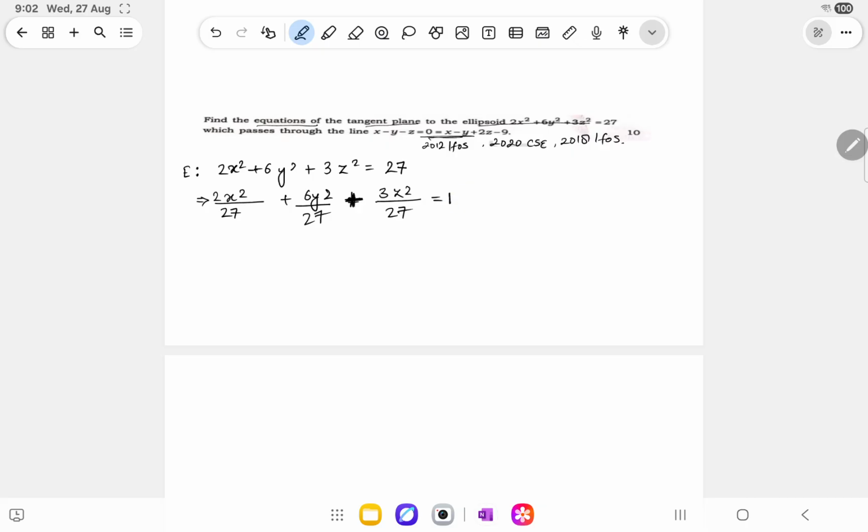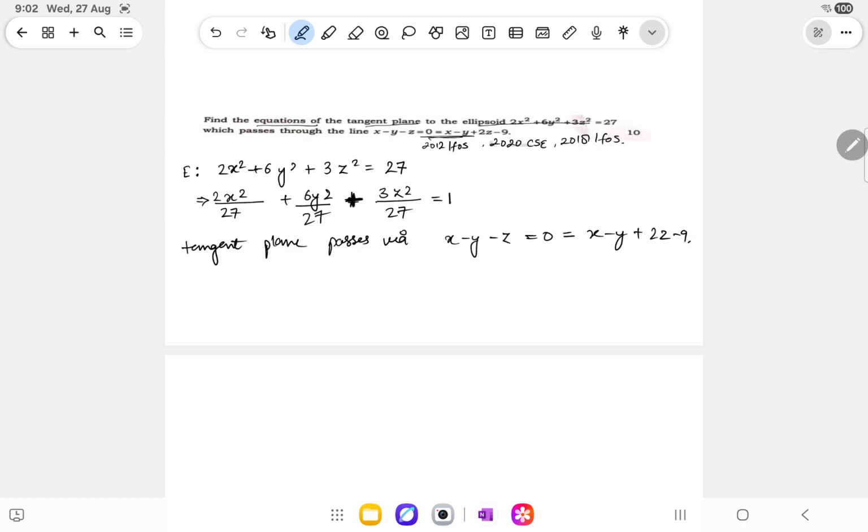And the question says that my tangent plane passes via the given lines, that are basically x minus y minus z is equal to 0, which is equal to x minus y plus 2z minus 9.